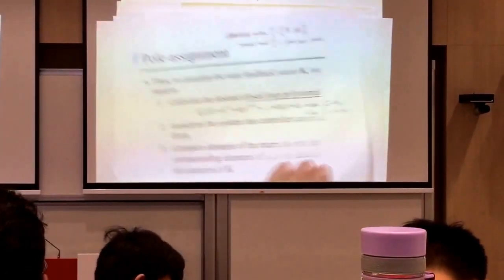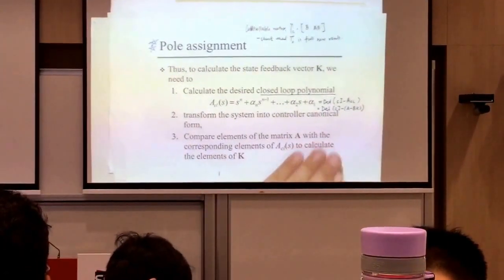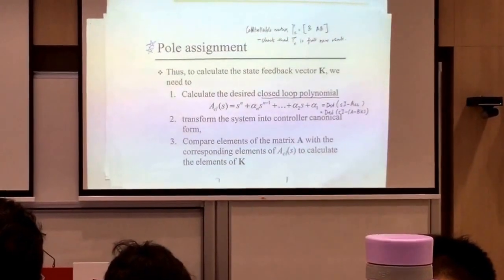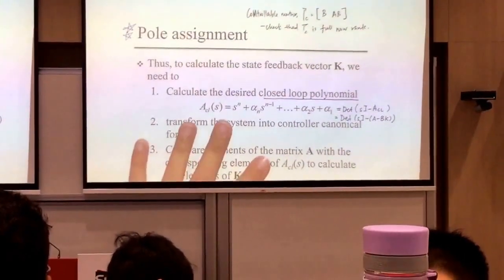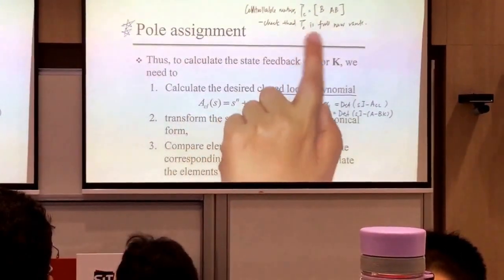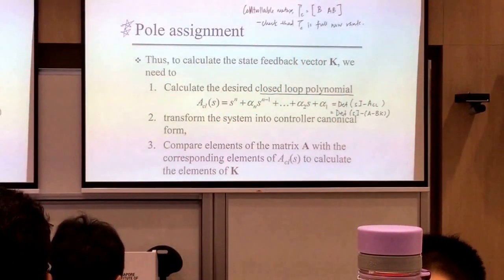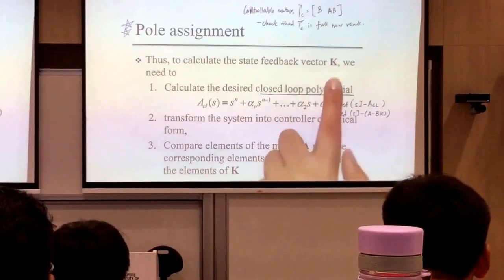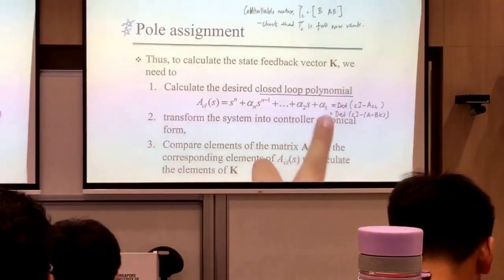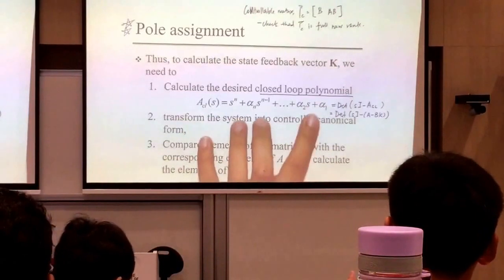Okay, so the steps is this. For assignment, you never copy up. So usually the exam question asks you to check that Gamma C is full rank, controllability matrix is full rank. Alright? To calculate the state feedback vector K, we form the desired closed loop polynomial, which is this.